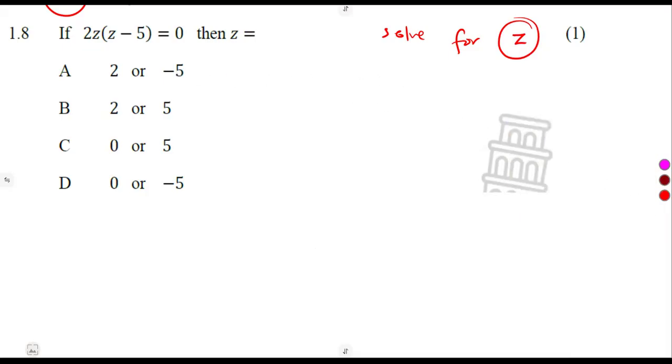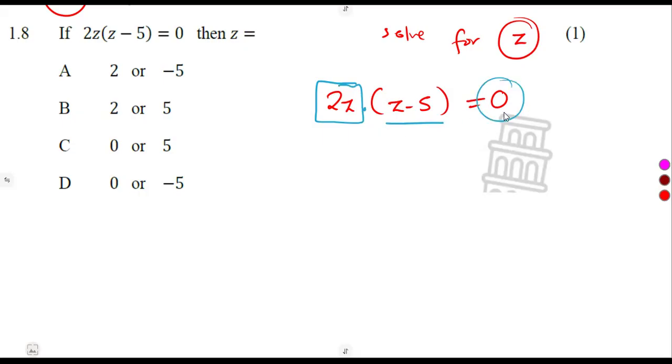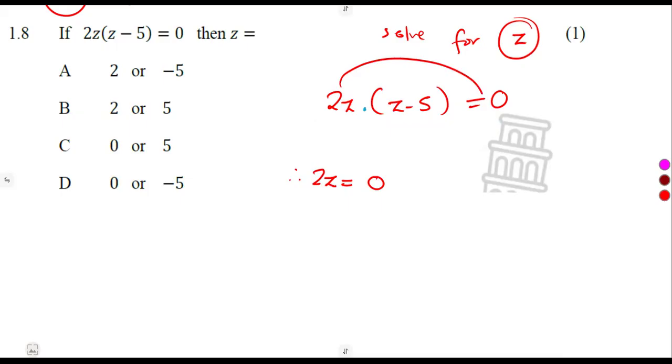So 2z into z minus 5, when it is equal to 0, what does it mean? It simply means one of these. Remember the zero product. One of these must be equal to 0. I take this, I equate it to 0. I take the other bracket, I equate to 0. So it simply means, therefore, 2z is equal to 0, or the other bracket, we take it to be equal to 0.